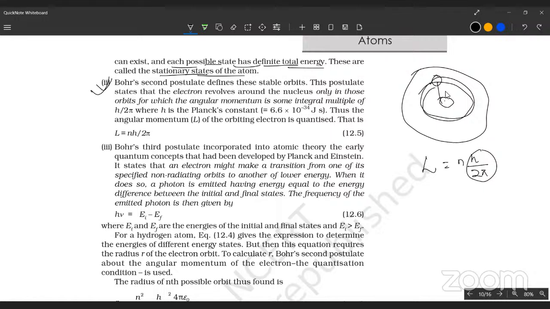If the first orbit is here, definitely there will be a second orbit at a fixed radius, not a variable radius, sometimes here, sometimes there. So electrons will be available at the fixed radius.